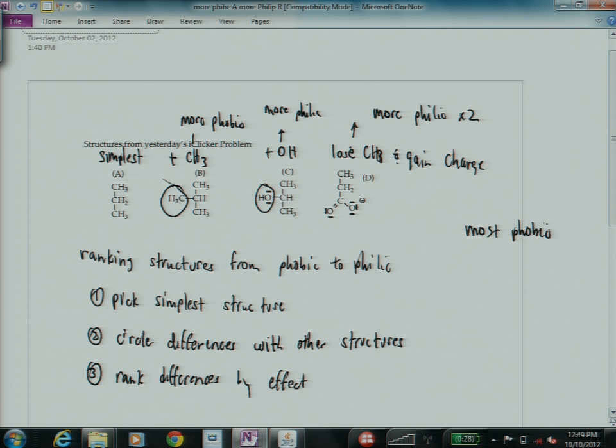A. What's the most philic? D. Why? Because there are two extra philic things, and that means this one's got to be C. All right? So this is the kind of thing you want to practice with, and you can check using the formula calculator. All right.